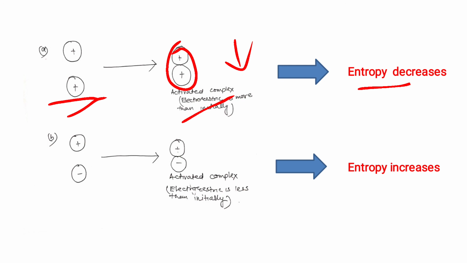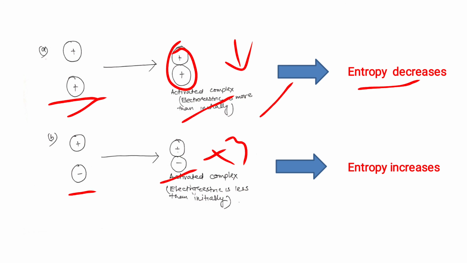But suppose you come here, one is positive and another is negative. So they will neutralize each other, right? Suppose it is plus 5 and minus 2, the overall charge will be plus 3. Now there is a decrease in the charges, and with less charge there will be less electrostatic interaction between solvent and solute molecules, and the entropy decrease will be less compared to earlier.